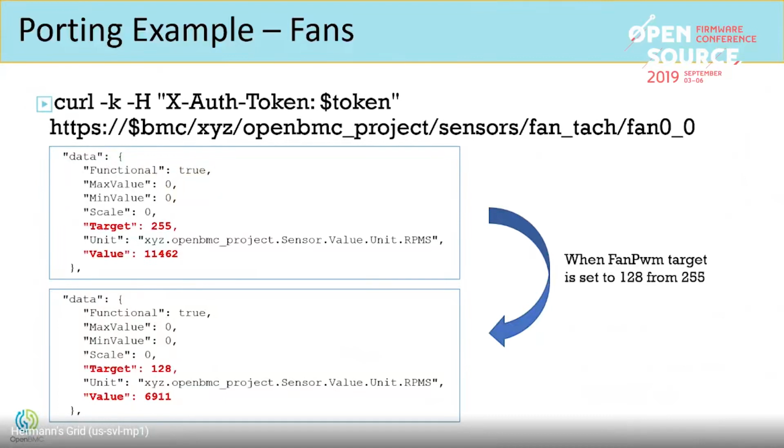If I manually change the fan PWM target from 255 to 128, the fan speed decreases by about half. That is just a demo of manually setting the fan PWM. But in reality, this target is set based on the YAML we defined previously.